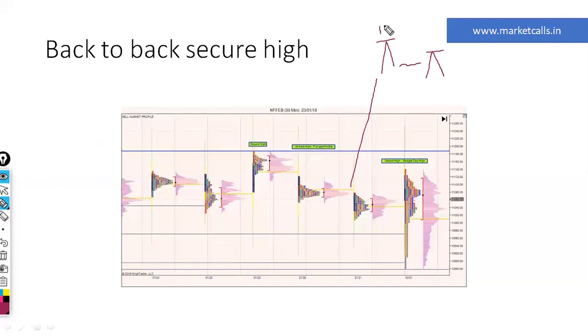This is the higher high, HH, and this is the lower high. Then we call that a back-to-back secure high. Moreover, it should be a major swing high, something like a 3-month high or a 6-month high. Sorry, it's a bad write-up.